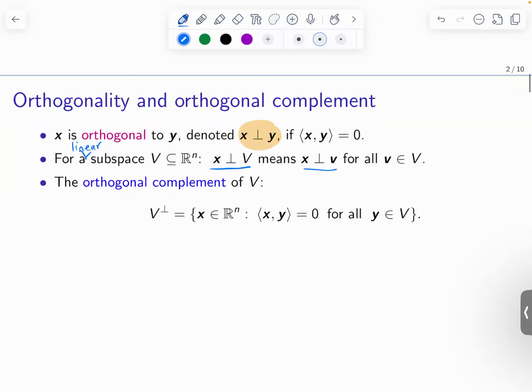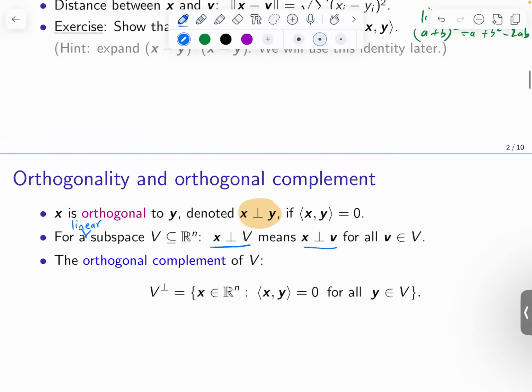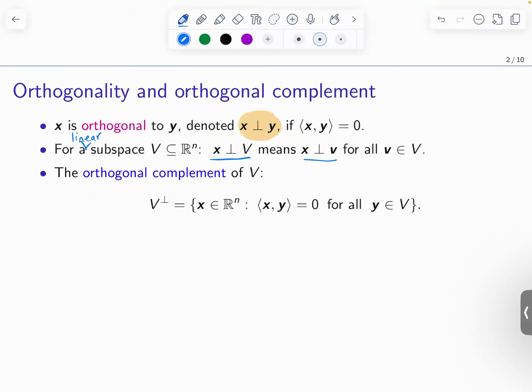Okay, here's an example. Say this is the z-axis, this is the x-axis, this is the y-axis, and let's say you have a plane here.